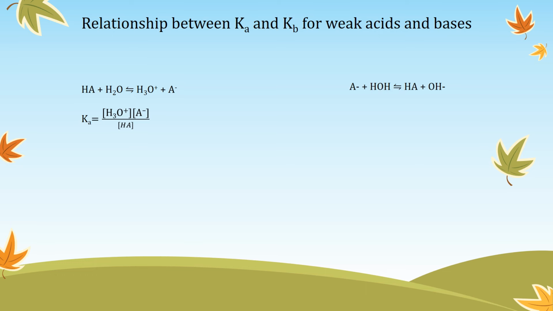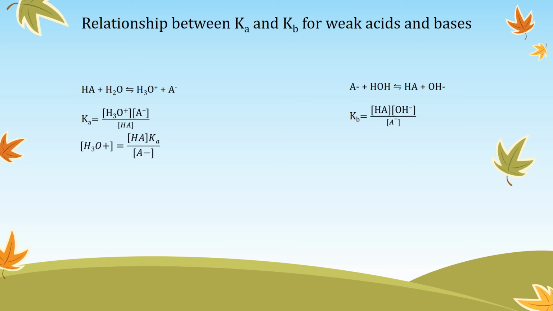Similarly, a weak base, when it hydrolyzes in water, becomes a conjugate acid and a hydroxyl ion. There the dissociation constant or ionization constant is the concentration of the conjugate acid into the concentration of hydroxyl ion divided by the concentration of the weak base.